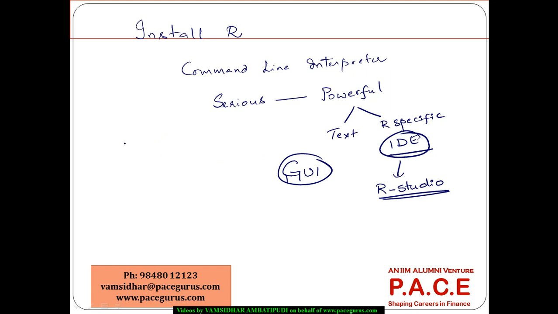Now, if at all I am more interested in R Studio, because it's R specific, I may not be able to use it for other programming languages, but it can really help me with some essential features of R. Especially for doing the plots, it's much beneficial and helpful.